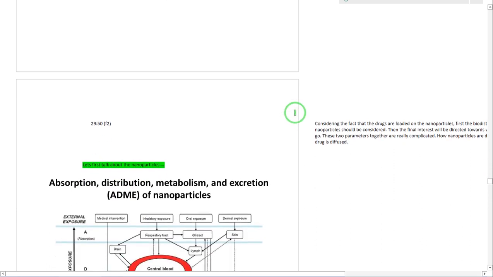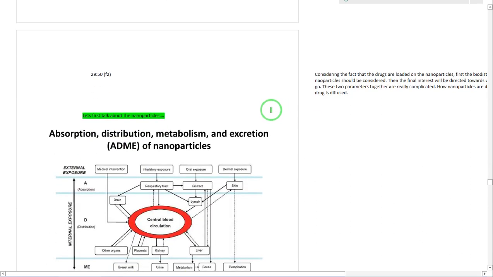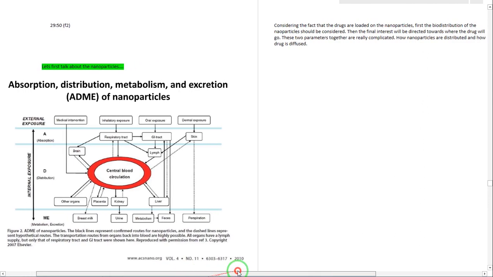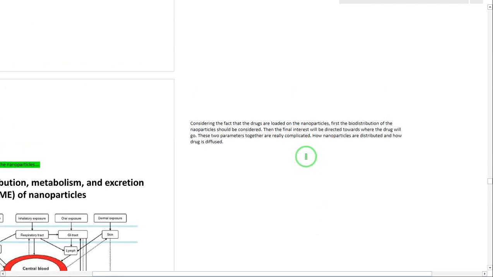But now let's talk about the distribution of the nanoparticles. You know that the nanoparticles are encapsulating the drugs. So the model here is going to be a little bit more complex, because not only do we have to consider the distribution of the nanoparticles, we also have to consider the distribution of the drug, how the drug is going to be diffused.